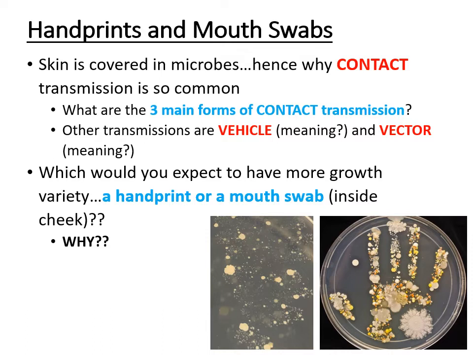So direct, indirect, and droplet. Direct contact transmission is things like kissing someone, shaking hands, hugging, even sexual contact, or even an animal bite. That's direct contact transmission.